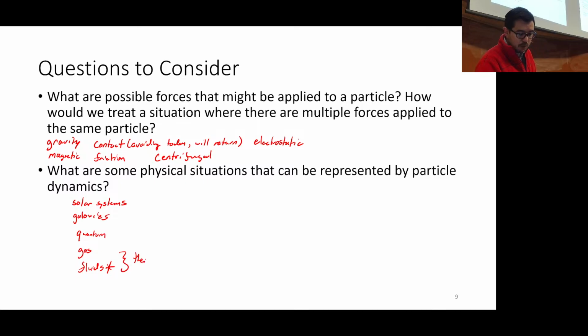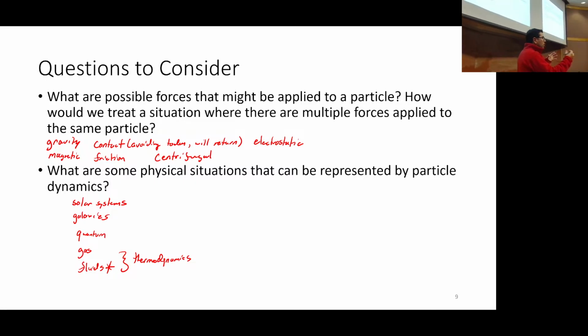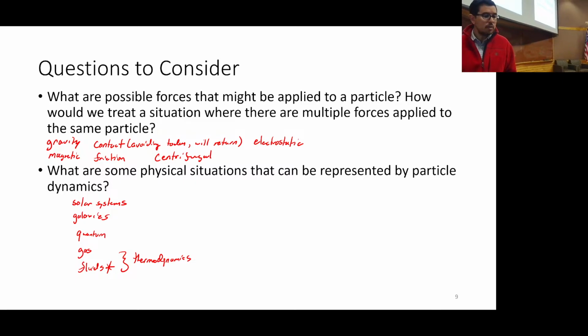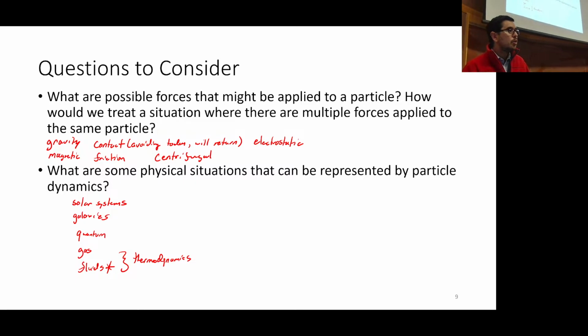And you said thermodynamics, right? So as you heat up a system, the kinetic energy goes up, right? And you have more and more activity in that system, more and more interactions. Good. Any other thoughts? Great.